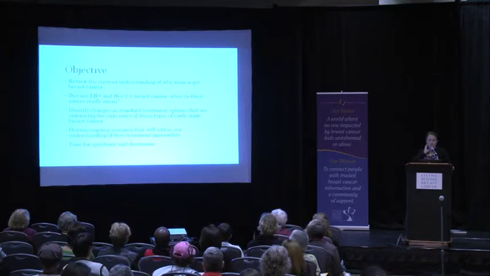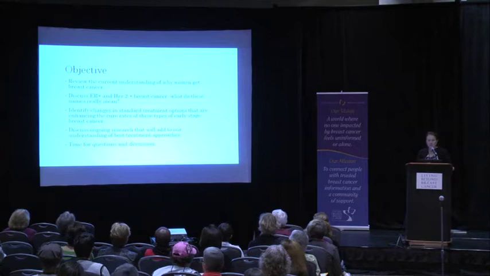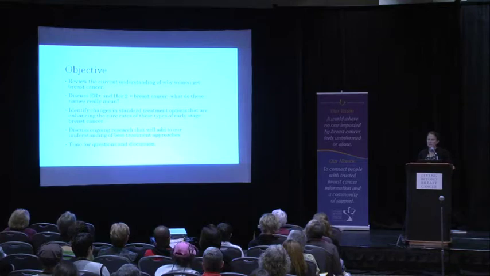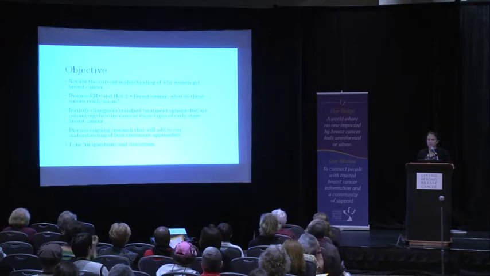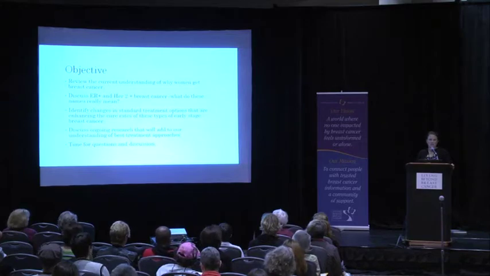So here's kind of what I thought we would cover today, just kind of a reminder as to what we know right now as to why women get breast cancer. Talk about estrogen receptor positivity and HER2 positivity, and kind of what are we thinking right now? What does that really mean in terms of these terms we throw around? What are the standard treatment options that have changed in the last couple of years? There's been some exciting new things going on.